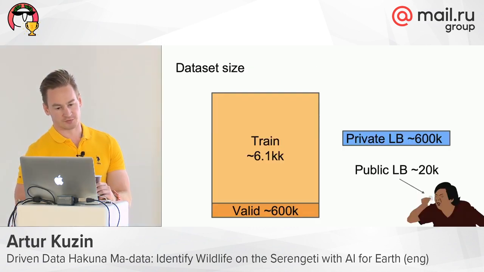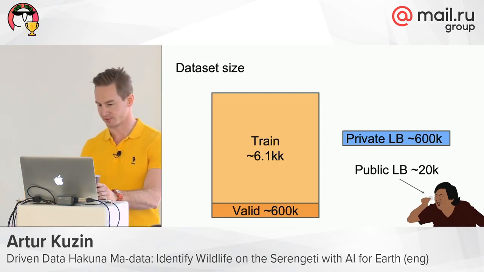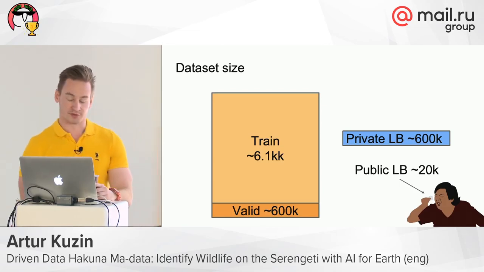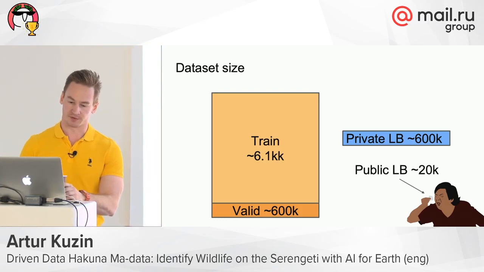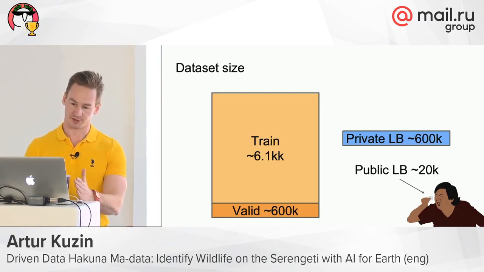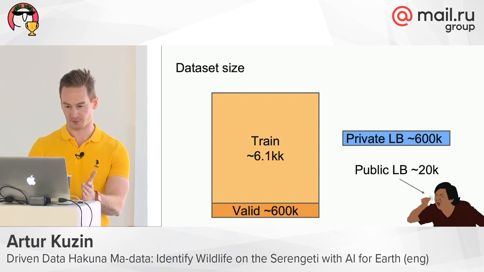So a couple of words about the data size. Actually, it was quite large, not crazy large, but something in the middle between the full ImageNet and ImageNet 1K. And for the public leaderboard, it was a very small amount of data.